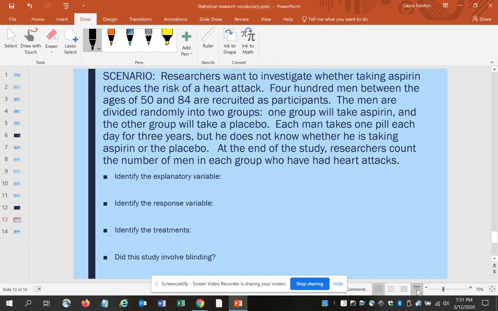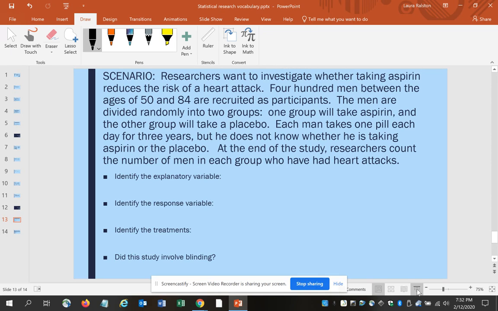The men are divided randomly into two groups. One group will take aspirin, and the other group will take placebo. Each man takes one pill each day for 3 years, but he does not know whether he is taking aspirin or the placebo.